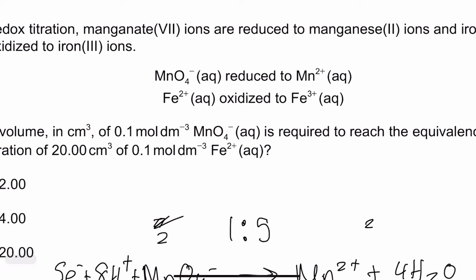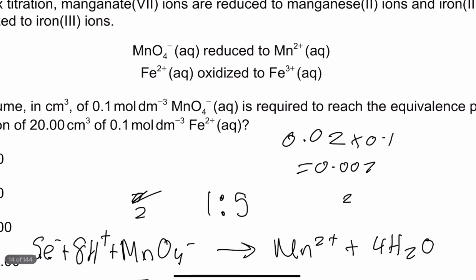First, let's get the moles of Fe2 plus. We have 20 cm cubed, which is 0.02 dm cubed, and multiplying that by 0.1 gives us 0.002.